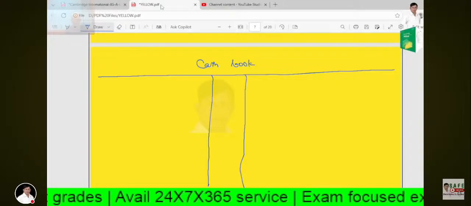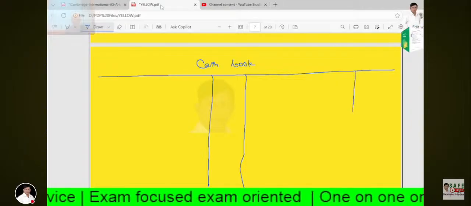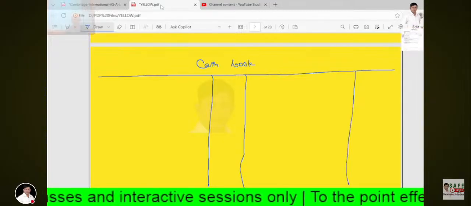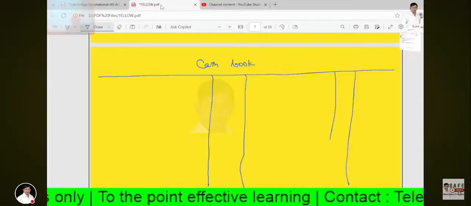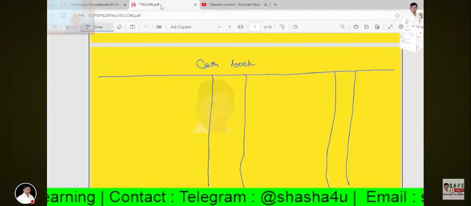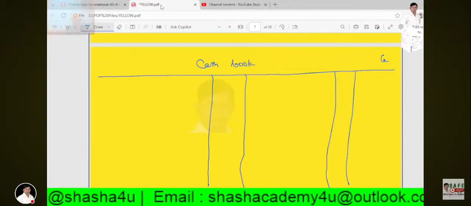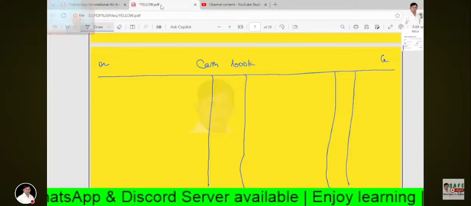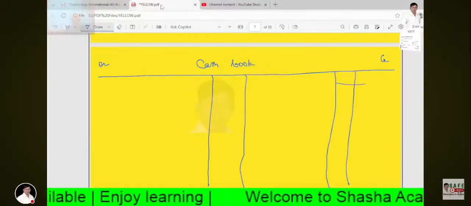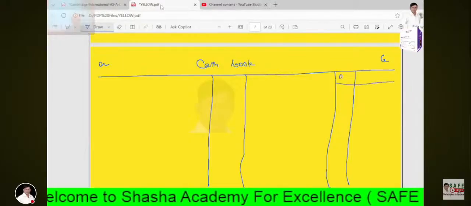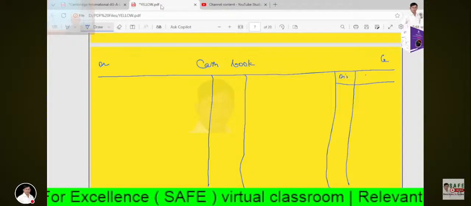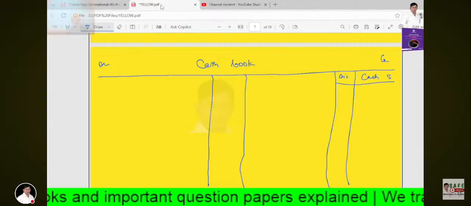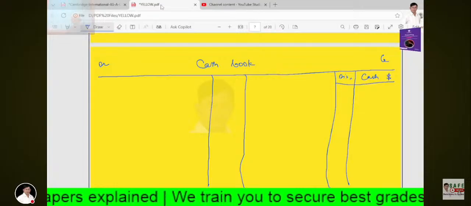Since we'll be paying, this side is always credit, this side is always debit. And this is discount column. This is cash column. So it is in dollars.